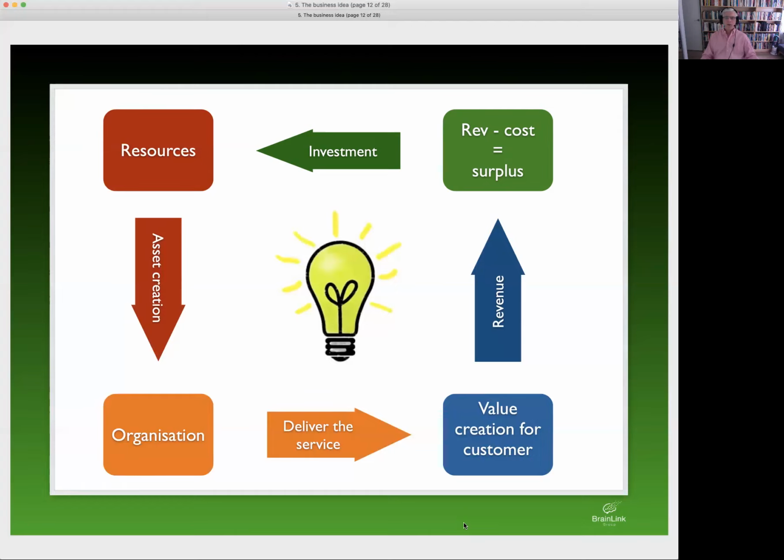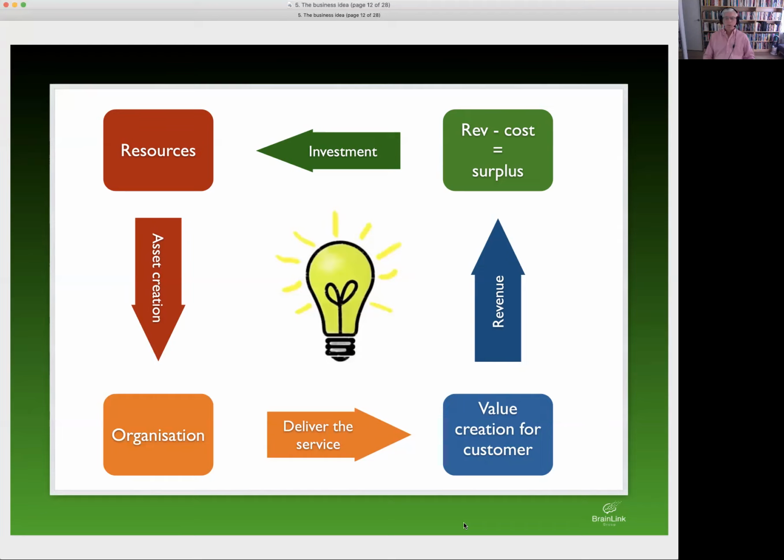Now, I'm not talking about sustainability in terms of the kind of environmentalist movement. I'm just talking about sustainability in terms of the life of any organization. Unless it's able to create value for customers and derive revenue, unless it's able to make more revenue than it costs and make an investment, it can't acquire resources. If it can't create assets, then the organization kind of will slowly wither away and die, because that's the part that ends up delivering the service.